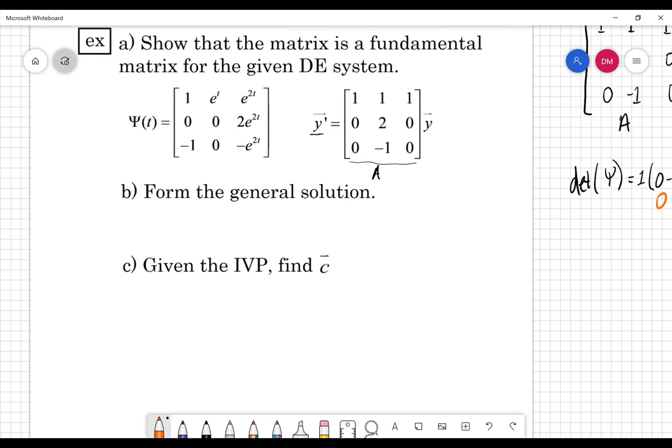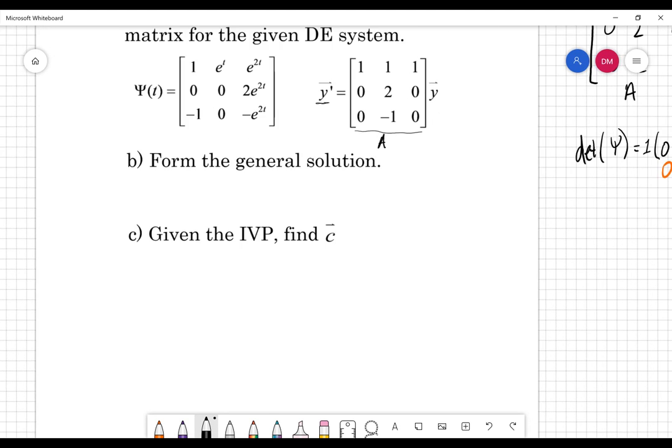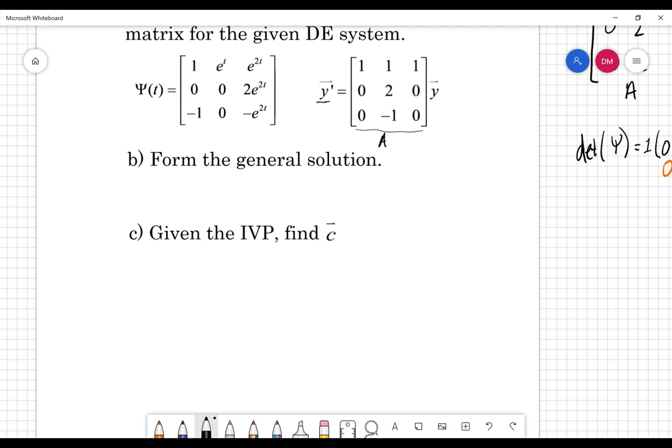Okay, so once we know that, now we're just going to practice forming the general solution, and then solving if we are given the initial value problem, which I didn't include here. I'm going to have you form the general solution. Go ahead and pause the video, and let me give you your initial value problem.